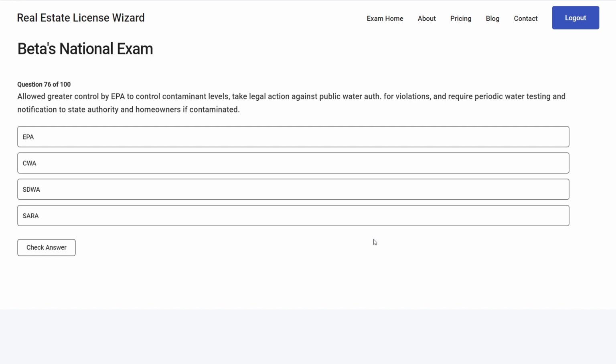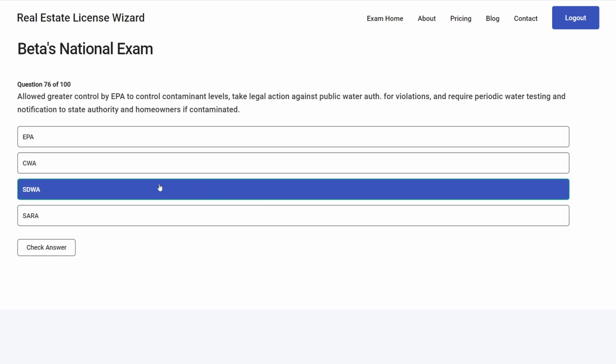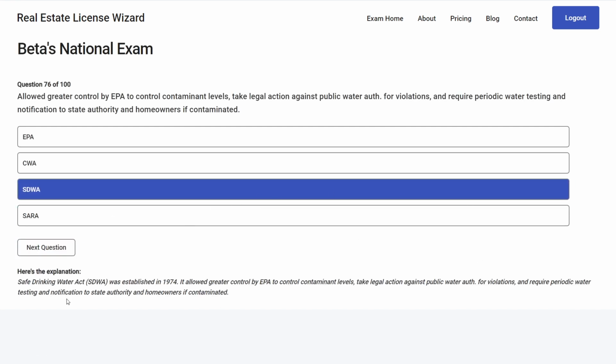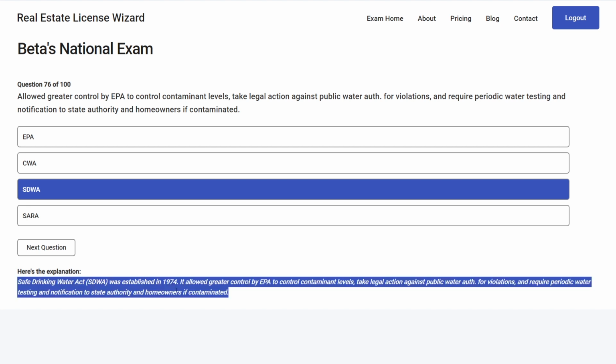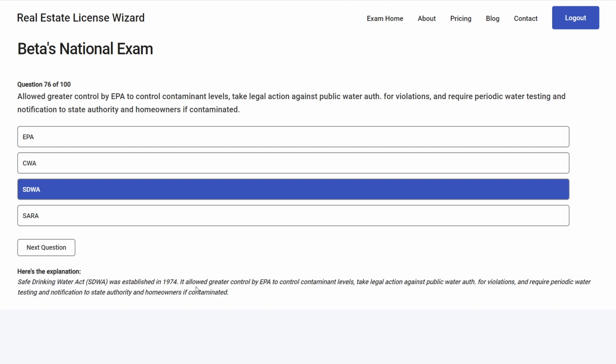And in this instance, we're talking about the EPA, but the correct answer for this one is the CDWA. So that's the Safe Drinking Water Act. So I guess when you hear periodic water testing, maybe you could put two and two together that it's the Safe Drinking Water Act. But yeah, what it did was it just allowed greater control by the EPA to control contaminant levels, do testing, things like that. So that's the correct answer for that one.